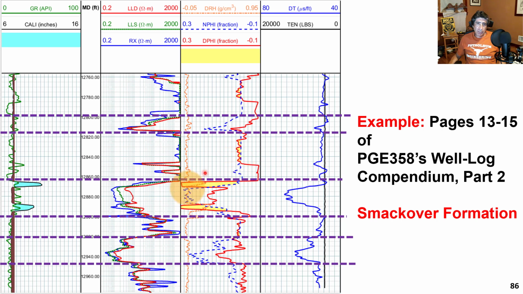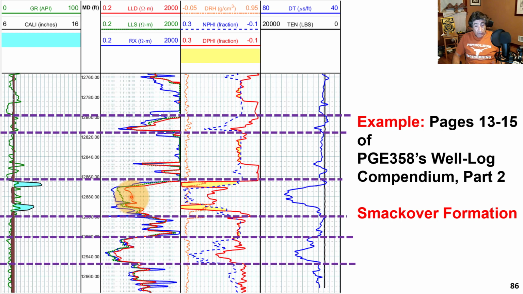This is the Smackover formation, and I was mentioning that one of the easy ways to recognize a good segment of the carbonate formation is, first of all, that you have a slow rock based on the sonic log, and also that you have relatively low resistivities, relatively high porosities, and very importantly, differences between the different resistivity logs with different radial lengths of investigation, because that is telling you that there has been invasion of the mud filtrate into the rock.